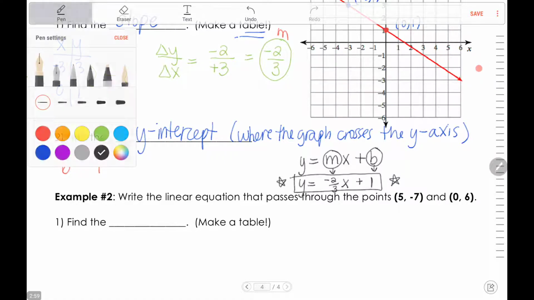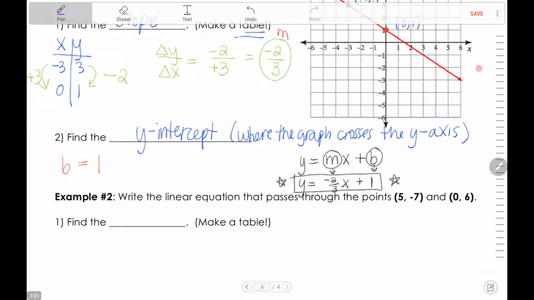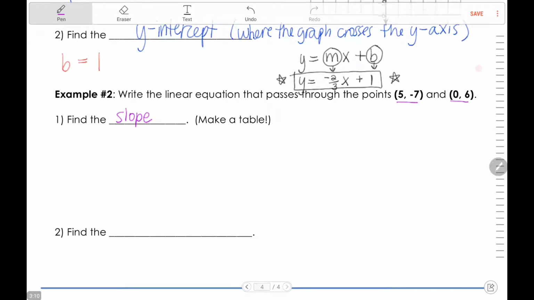For example 2, we're doing the same thing. We need to first find the slope between the 2 points. And whenever we're given 2 points, to find the slope, we make a table. Same thing. X, Y, 5, -7, and then we have 0, 6. So our change in y from -7 to 6, I know it's going up, in this case by 13.